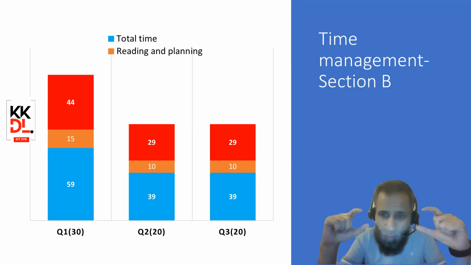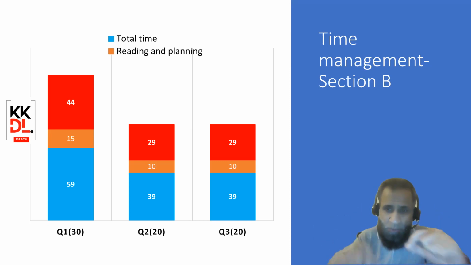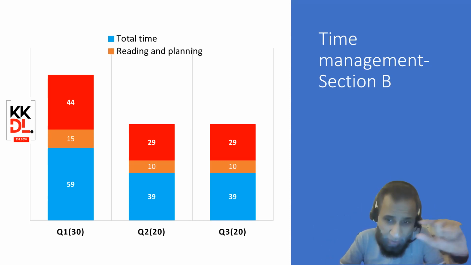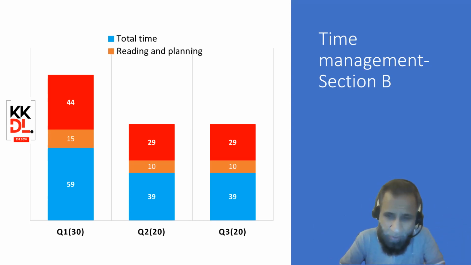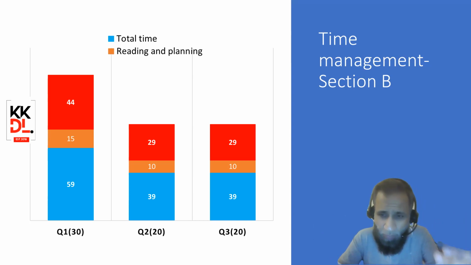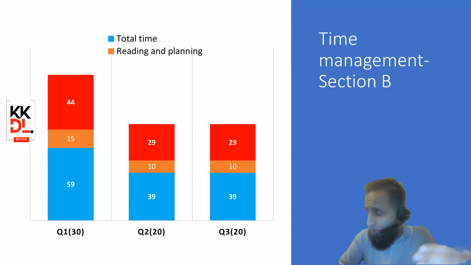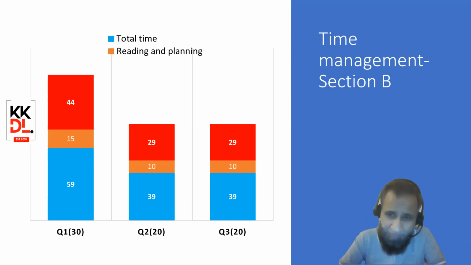Then, in that total time of 59 minutes, which you have for question 1, you can see the orange bar, that is reading and planning time. In that 59 minutes, you have 15 minutes of reading, planning and understanding the question, the requirements, what the questions are asking you, how many questions are knowledge-based, how many are connected with the case study.